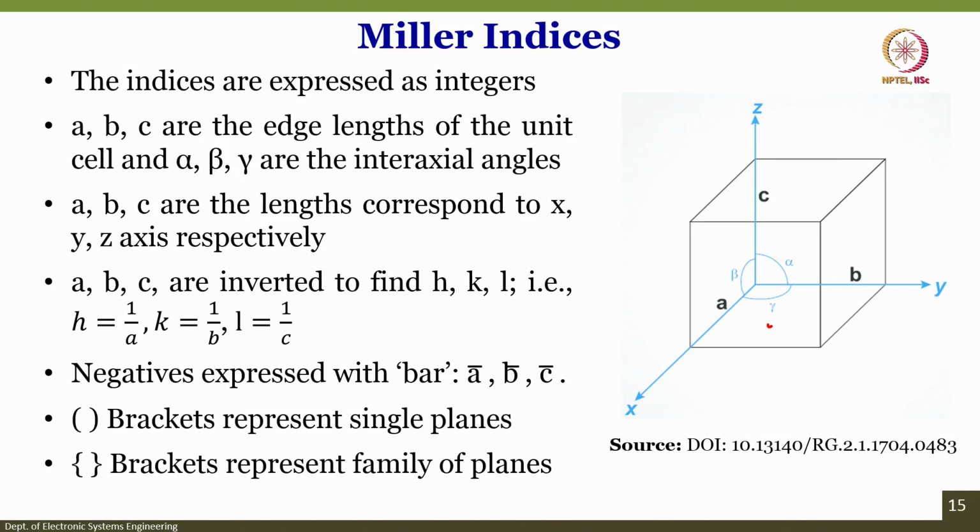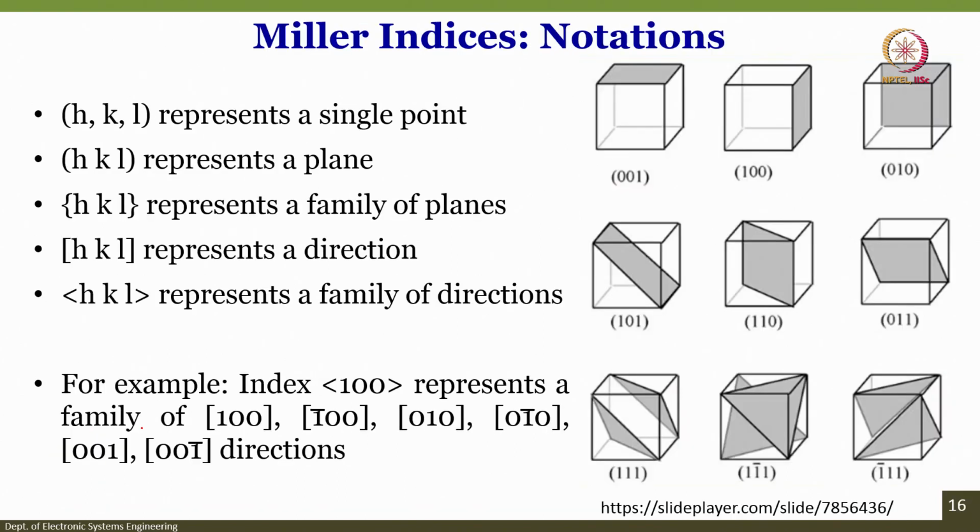In this direction you can see it is 0 0 1, here it is 1 0 0, here 0 1 0, then 1 0 1, 1 1 0. So you can define the crystal planes very easily.